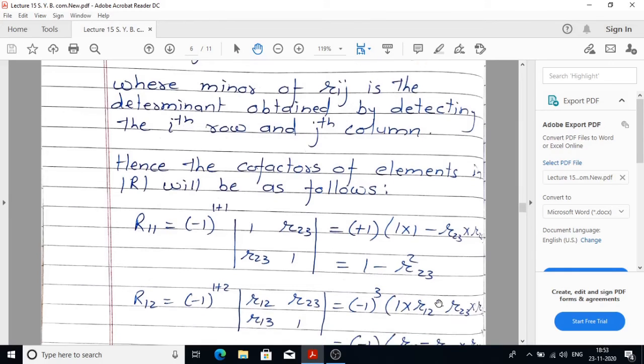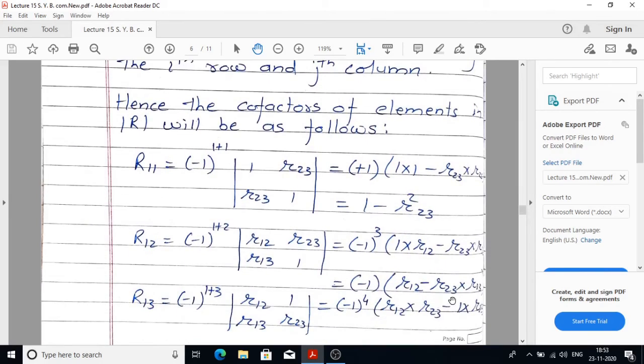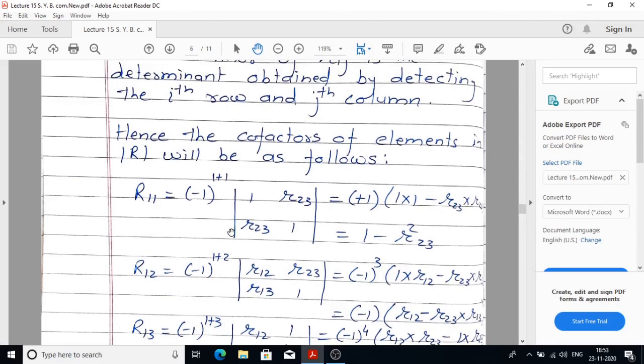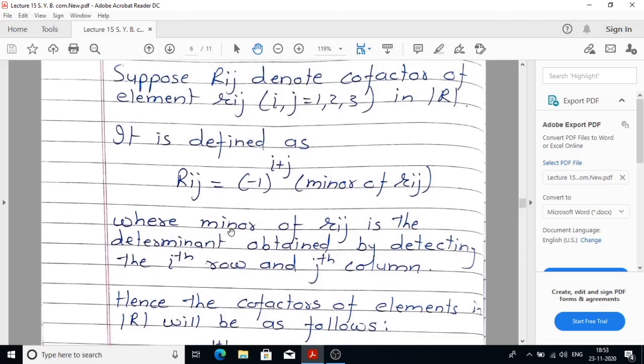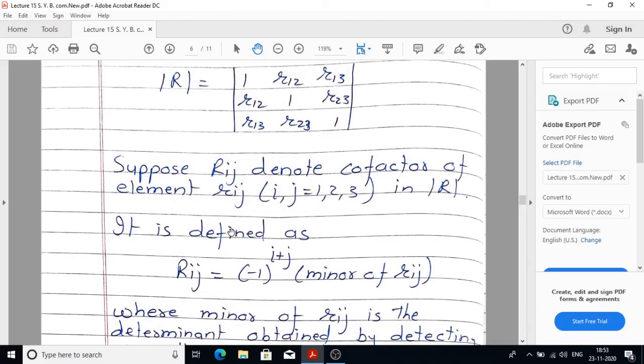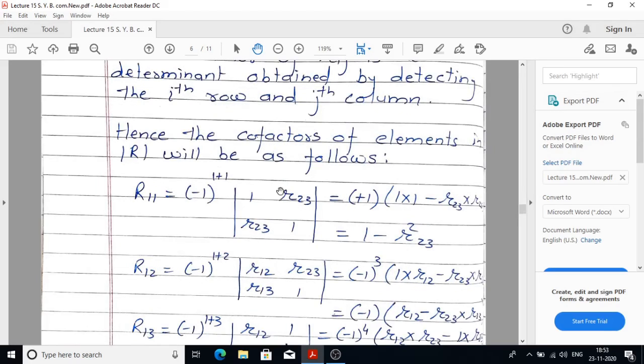So capital R12 can be considered as minus 1 raised to 1 plus 2. Now delete first row and second column. The remaining part we will write in the determinant form: R12, R23, R13 and 1.